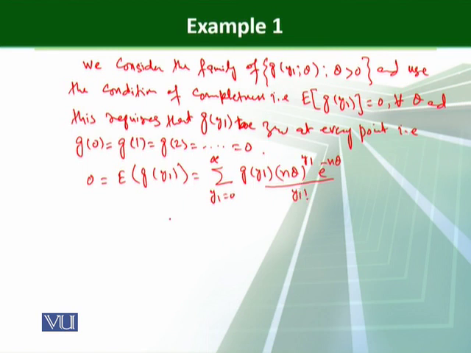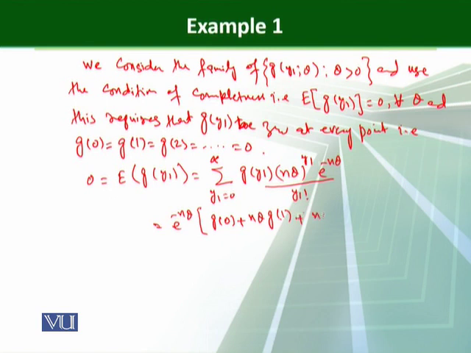This can be further simplified: e raised to power minus n theta is a constant, and the rest can be written by putting y1 equal to 0, which is g of 0, plus for the second term n theta into g of 1 over 1 factorial.